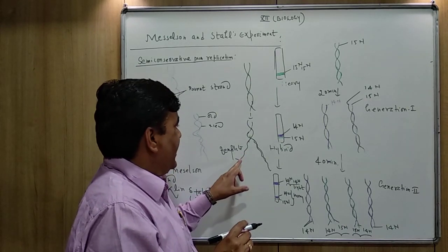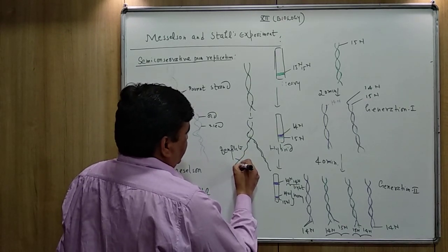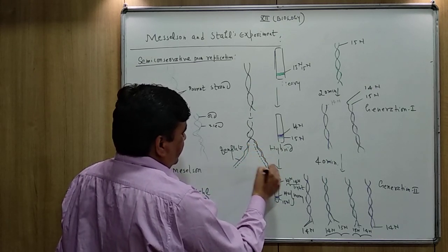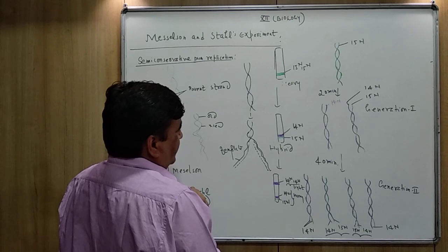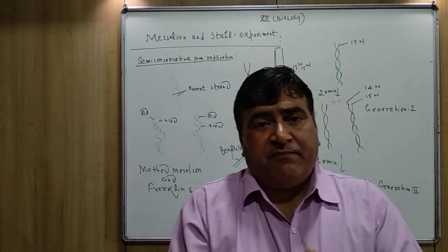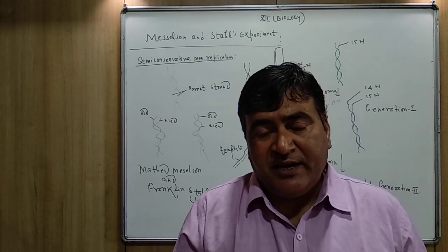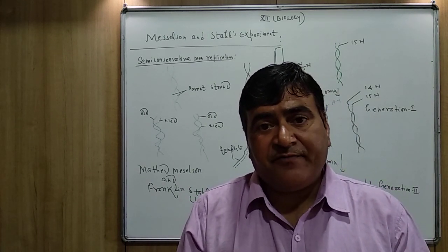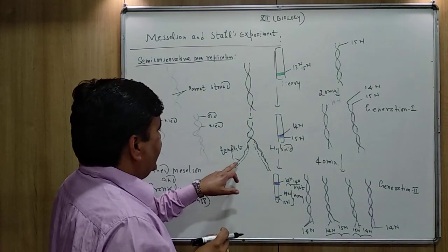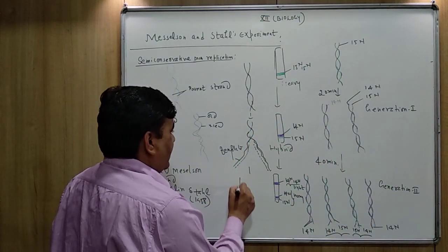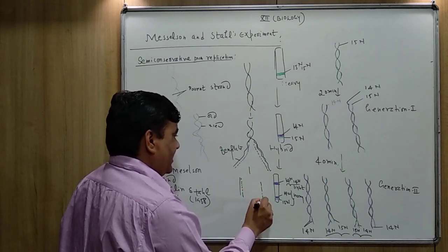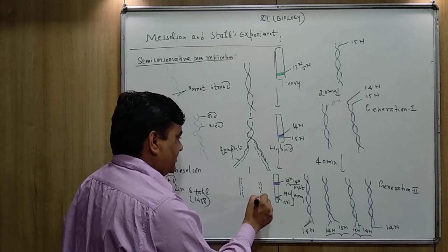Now, as per the template strand, the new strand is synthesized, and when the duplex DNA is completely replicated, the newly synthesized DNA has one parental strand and one newly synthesized strand. This one will be the parental, and this will be the newly synthesized strand.